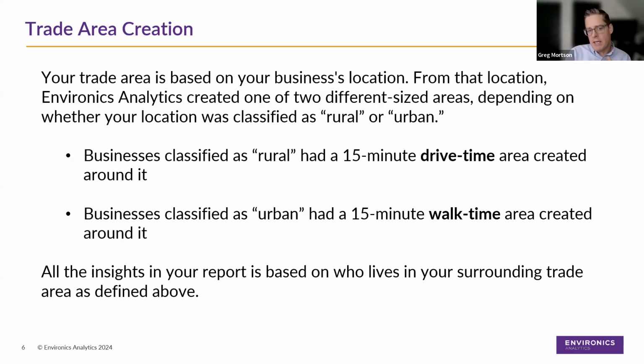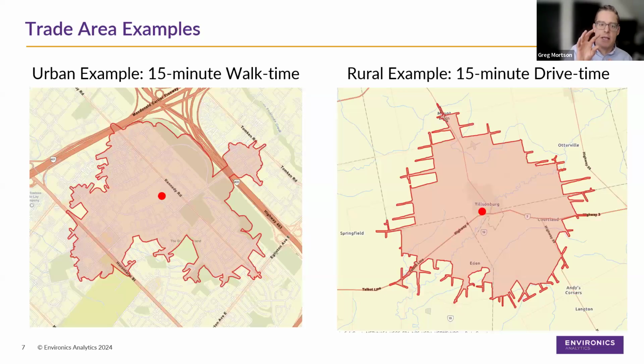So the important part here is that all the report that you're going to see is really based on the households and the population that live within each of these two different areas. So let's say your business was in a 15-minute walk time, like on the left here. This is the boundary that is created where every household within this boundary is able to walk to that business location in 15 minutes.